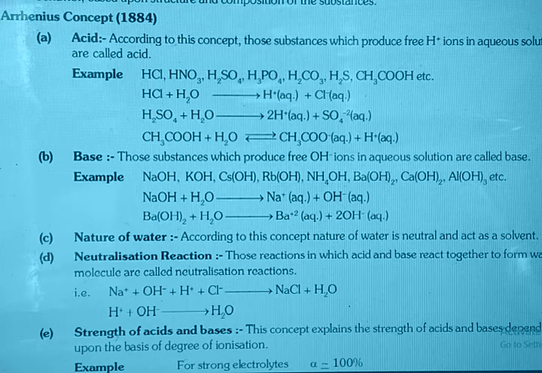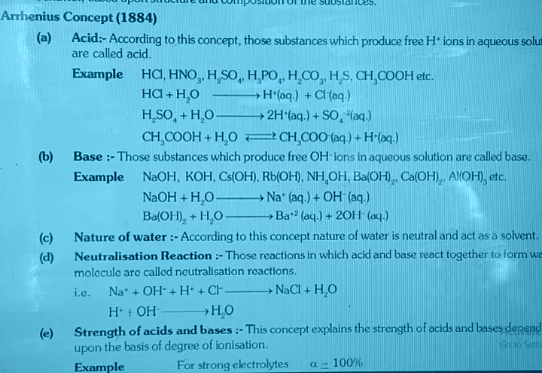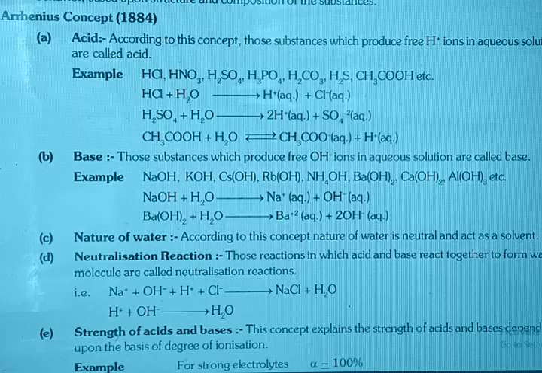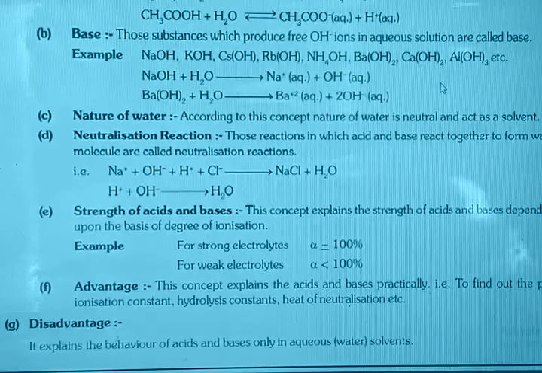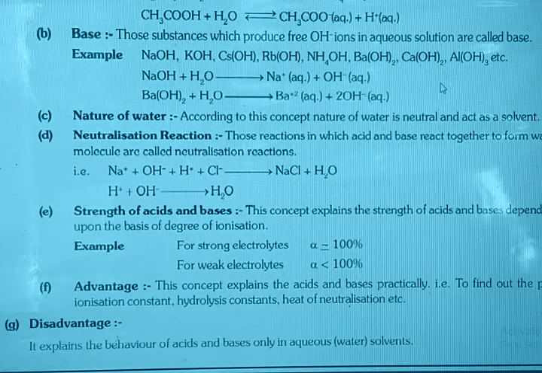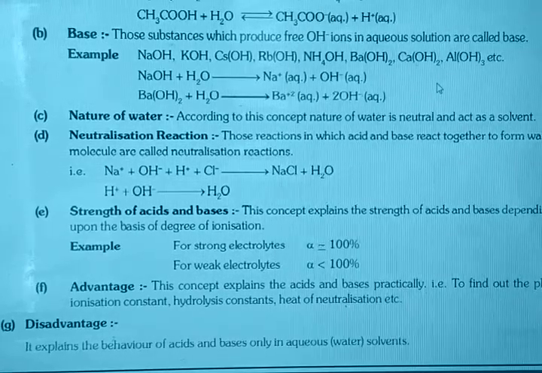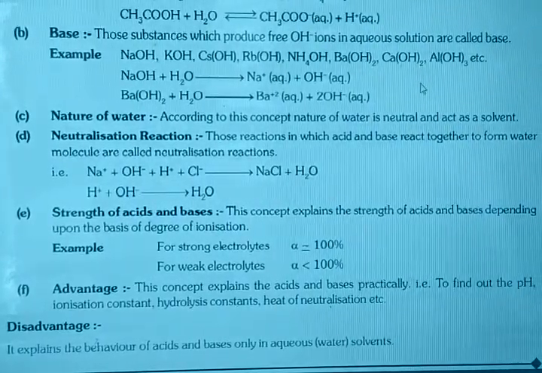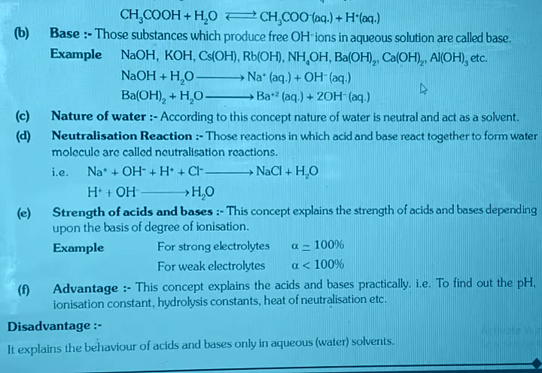Now there is one question: the strength of acids and bases depends on what? How can you understand whether an acid is a strong acid or a weak acid? So, the concept of strength of acids and bases. This concept explains the strength of acids and bases on the basis of degree of ionization, how they are ionizing.